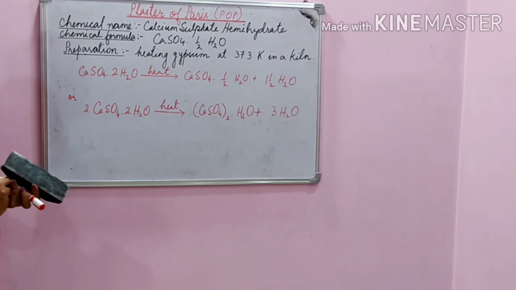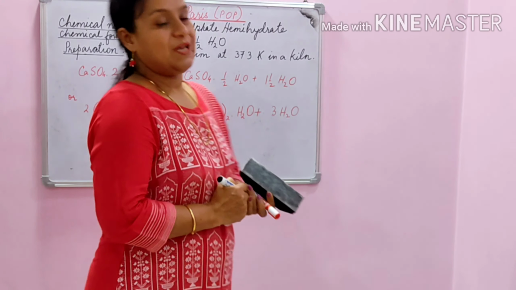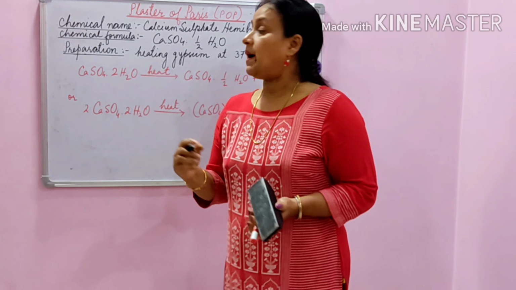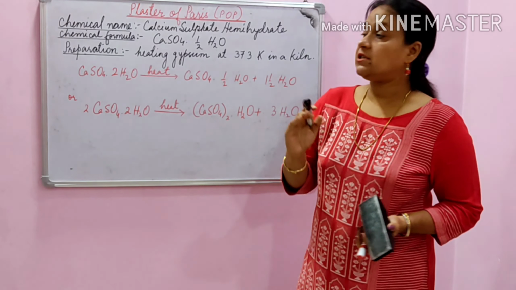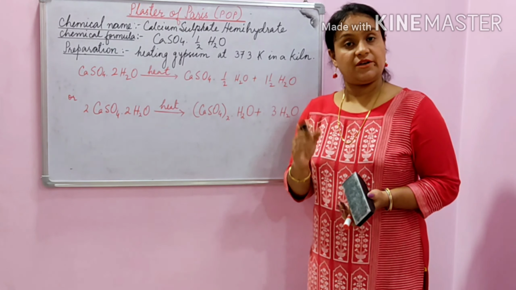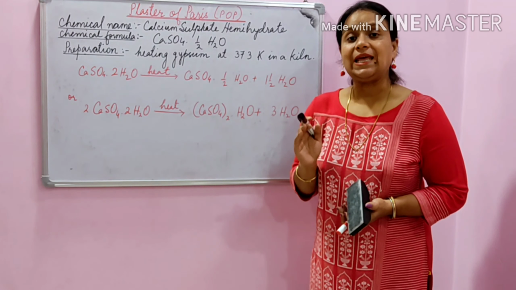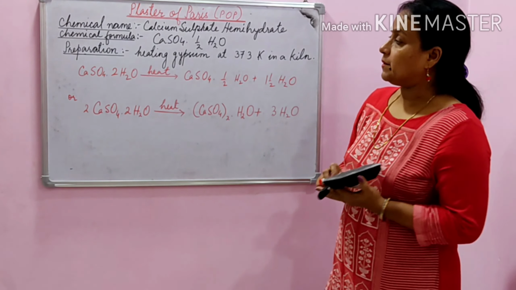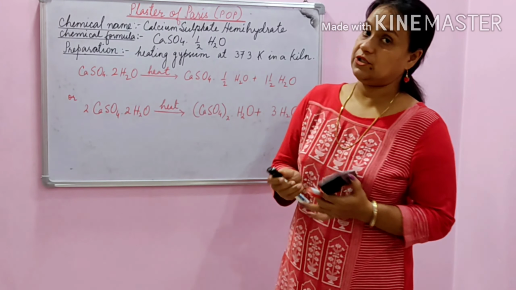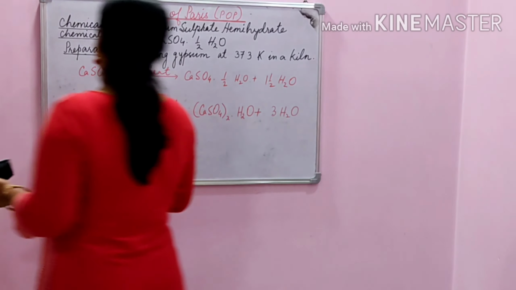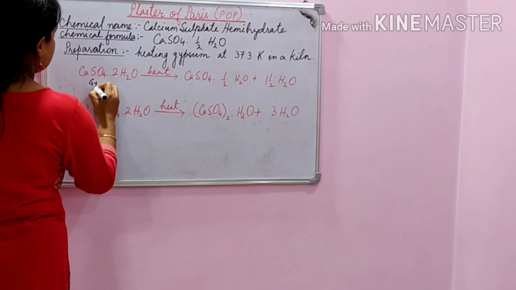Now, how is it prepared? Plaster of Paris is prepared by heating gypsum at 373 Kelvin, that is 100 degree Celsius, in a kiln. Gypsum is calcium sulphate dihydrate.